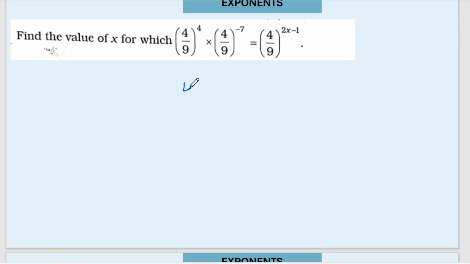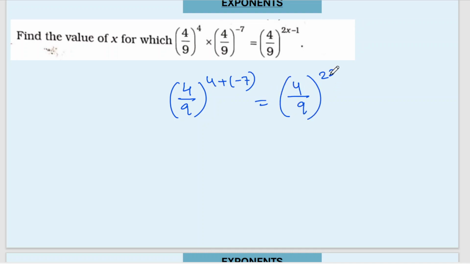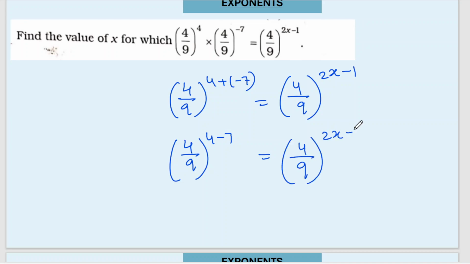So 4 by 9 to the power 4 plus minus 7 equal to 4 by 9 to the power 2x minus 1. So we can write this as 4 by 9 to the power 4 minus 7 equal to 4 by 9 to the power 2x minus 1.